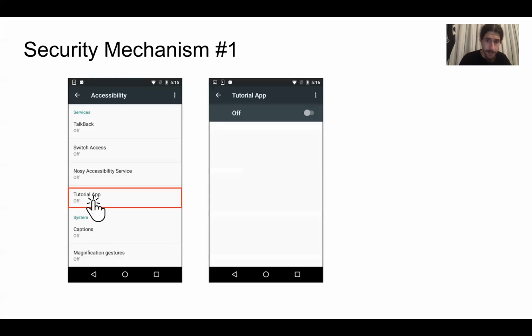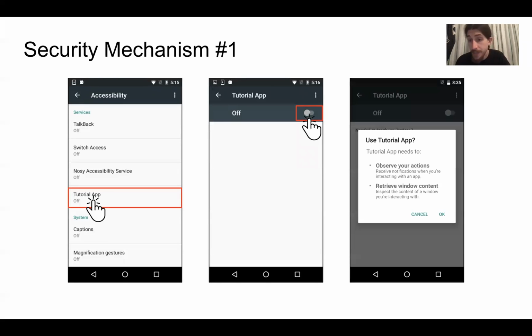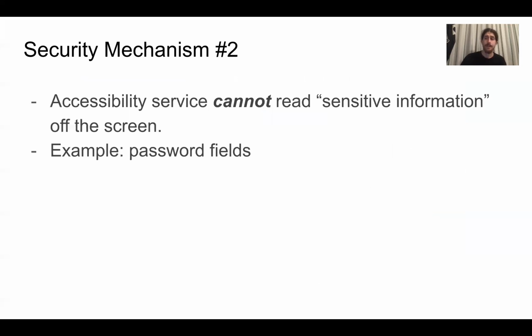The user needs to click it, then click on the on button, and then the user would see a pop-up saying this application may observe your actions and retrieve window content and so forth. So the user is informed that this mechanism could be very powerful. And after the OK, now you have an accessibility service. So, multi-click setting.